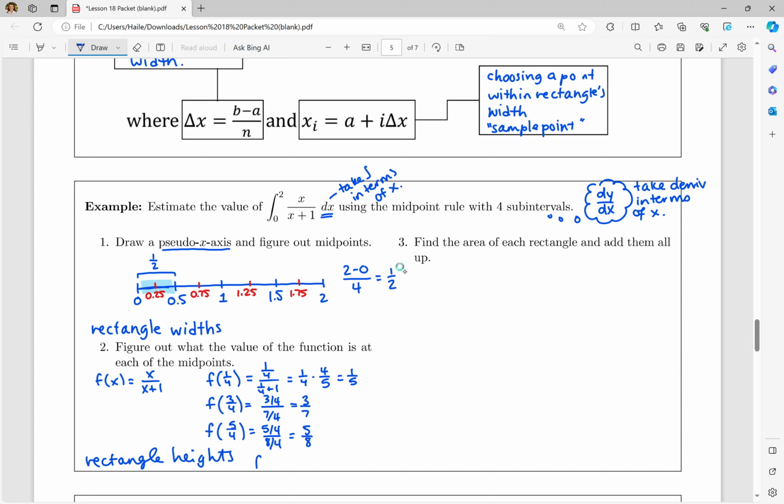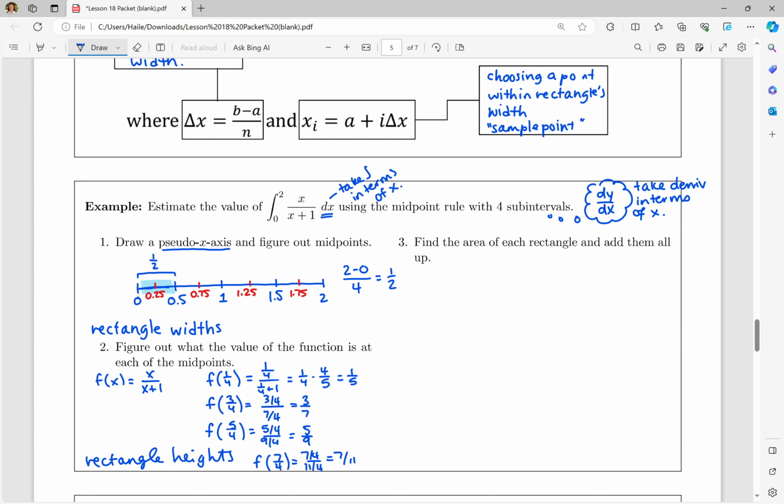And finally, f of 7/4 is going to give us 7/4 over 11/4. Oh wait, hang on, I did something wrong here. My bad, 5/4 plus 1 is 9/4, and 7/4 plus 1 is 11/4. So we get 5 over 9 and 7 over 11. Okay, so those are our rectangle heights.